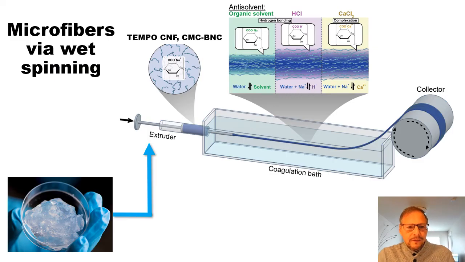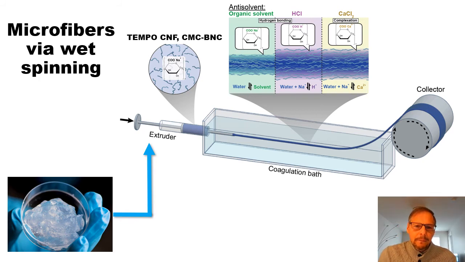Another example is to take the bacterial nanocellulose, put it in water. That's what I show in the syringe on top where it says extruder. Here we can use different types of cellulose materials, but of particular interest is BNC that is extruded in a coagulation bath.